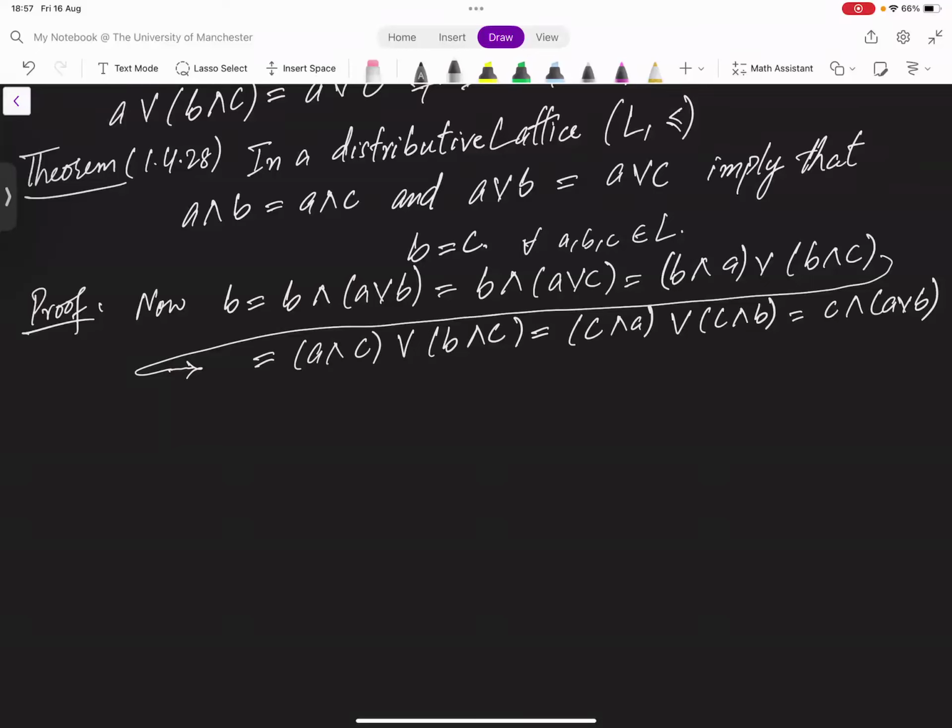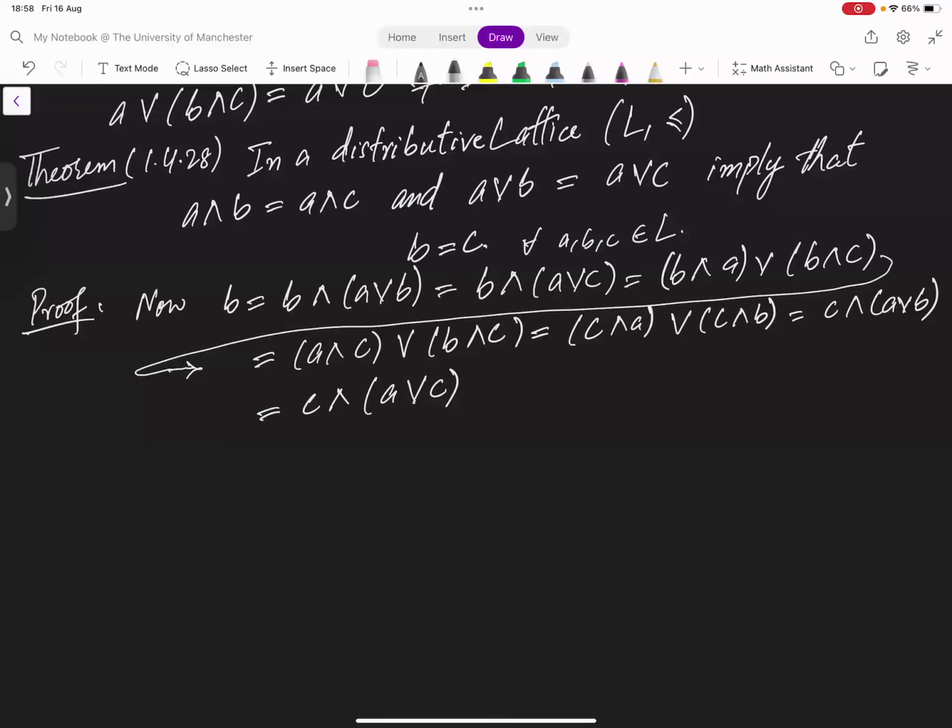So this is just C, and now this can be written like this. Yes. So by the distributivity, backward distributivity. So if that's the case, then we can write this as C and A or C. Why?